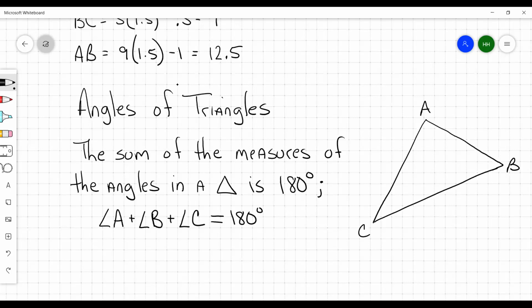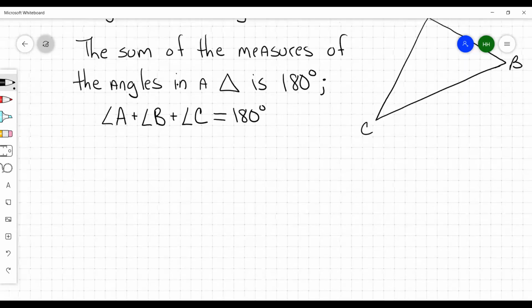And what you're going to do in this section is you're going to be given triangles and you're going to be finding missing angles. So here's what some of your practice problems will look like.